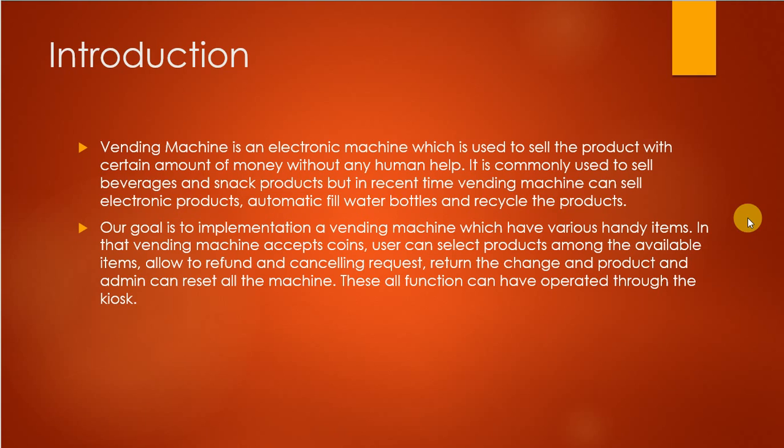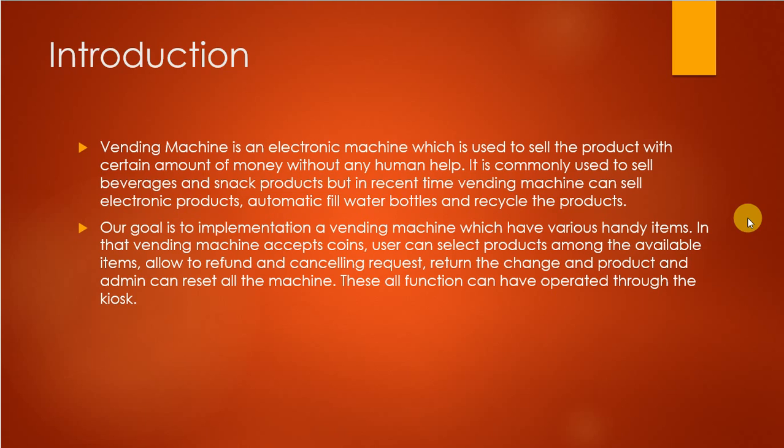So in this project, our goal is to implement a vending machine which has various handy items like snacks, water bottles and so on, and we are also going to try to implement online transactions, so that you can use the software online, order it, and get it from the vending machine. In this vending machine, you insert coins, and the user selects the product from the kiosk display.